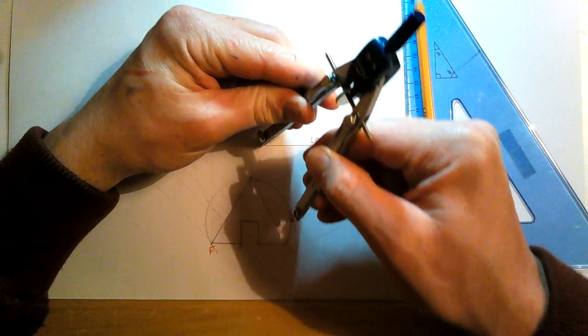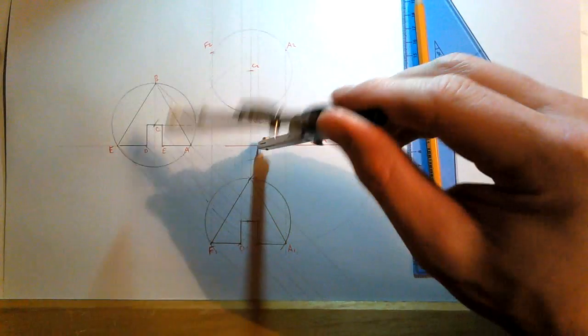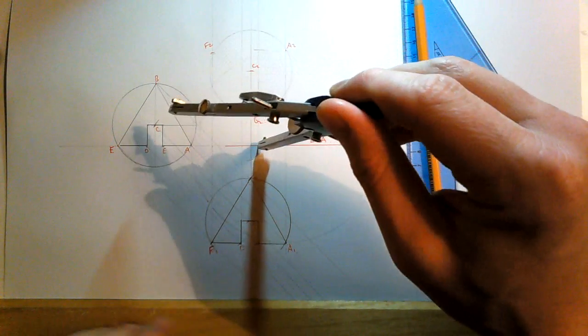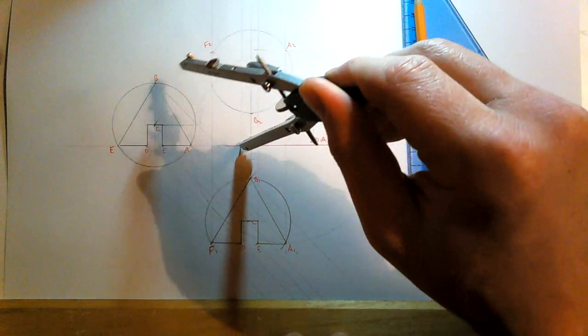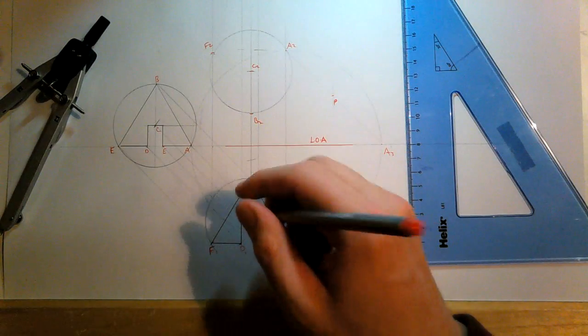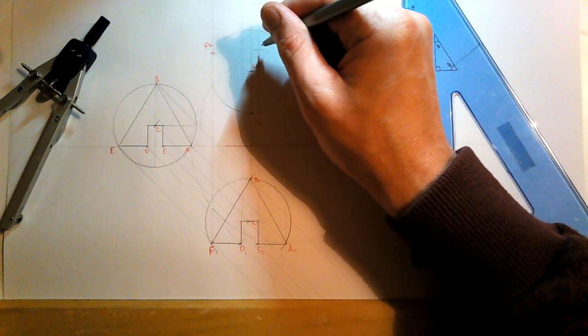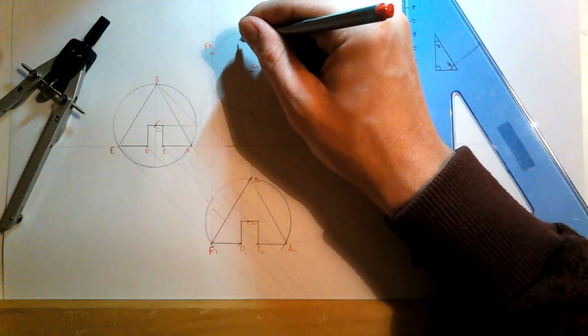Let's get E and D. D1. So that is E2 and D2.